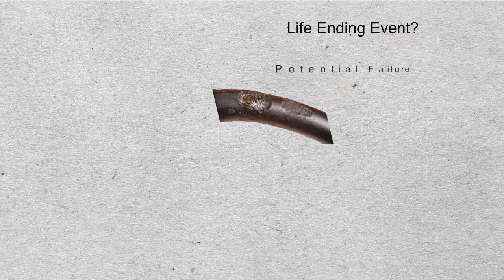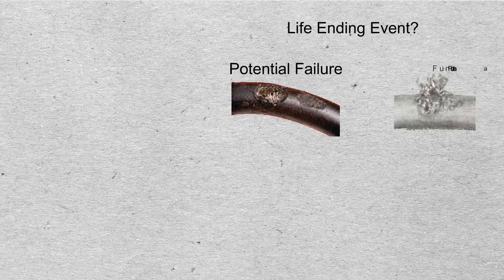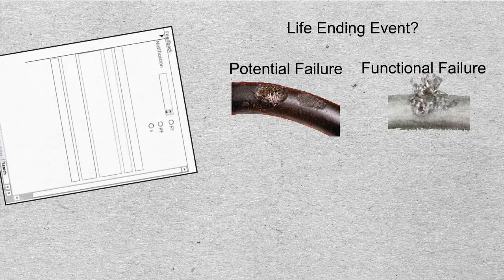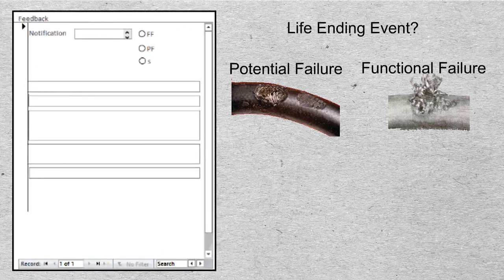Declaring a failure mode's life-ending event can be challenging. Operational context is a decisive factor when recording the event as one of potential failure, PF, or functional failure, FF. Fortunately, when completing the form's third pane, the relevant facts are fresh.